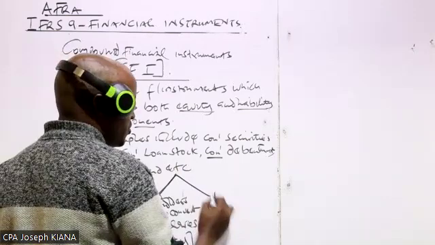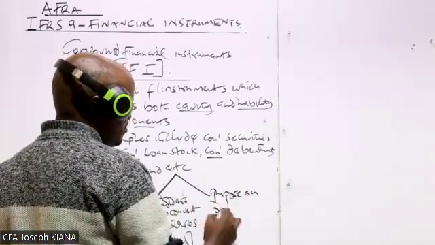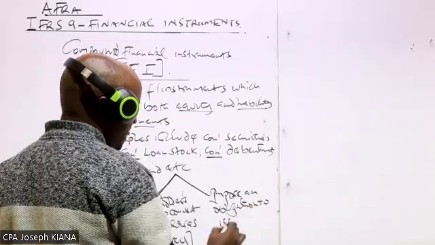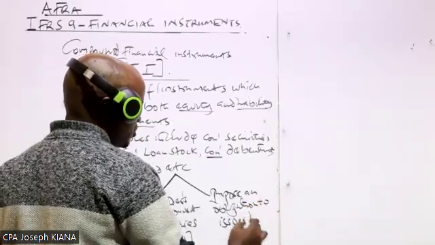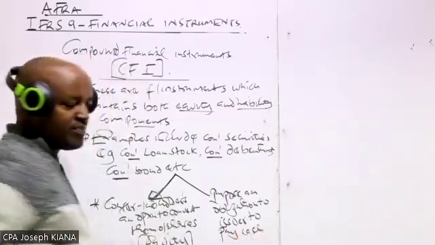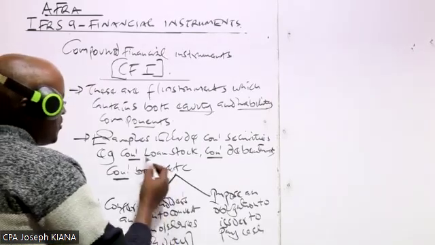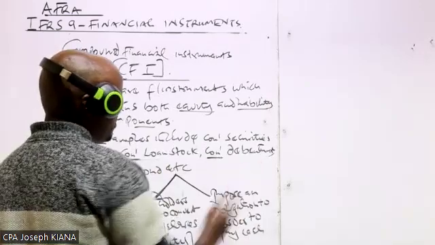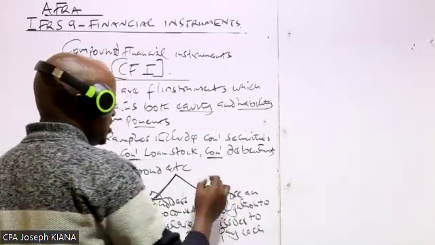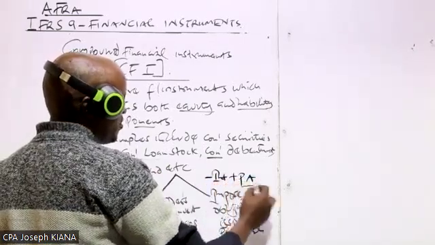And number two, they impose an obligation on the issuer to pay cash. Once a company has issued convertible loan stock or convertible debentures, this company has an obligation to pay cash, in the form of interest and also the principal amount.